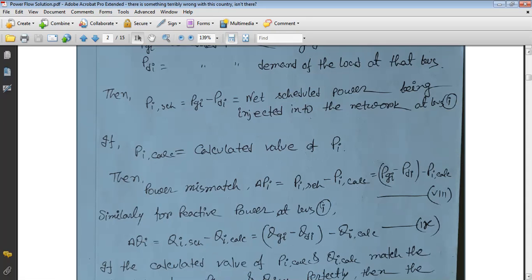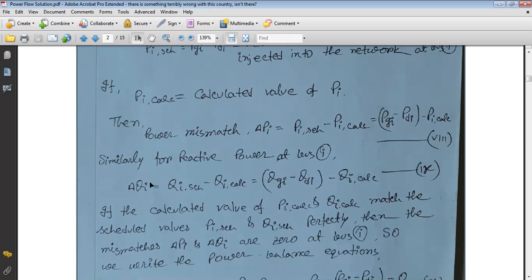That is, the real power mismatch delta Pi is equal to the scheduled power injected from particular bus i to other buses minus the calculated power of this particular bus i. If this subtraction result is 0, the power mismatch is 0. And if there is some value, it means that the power mismatch is not 0, there will be some error. This is similar for reactive power.